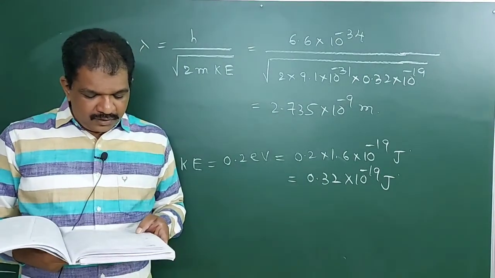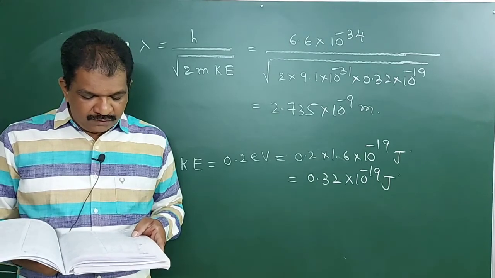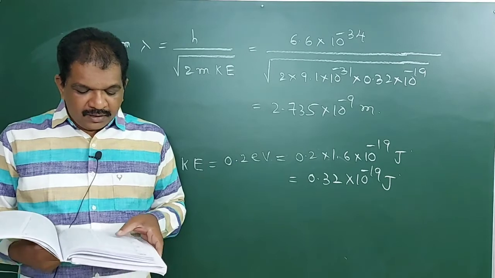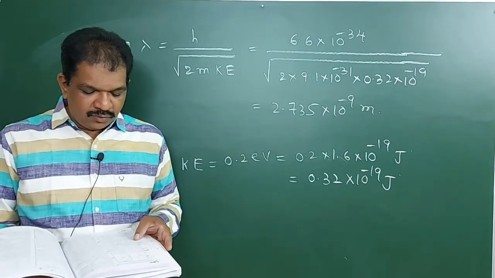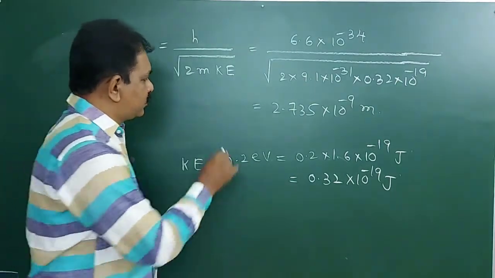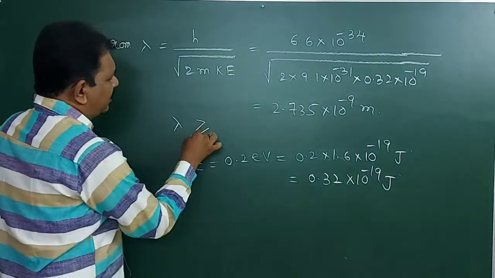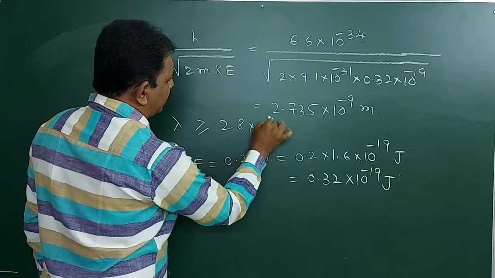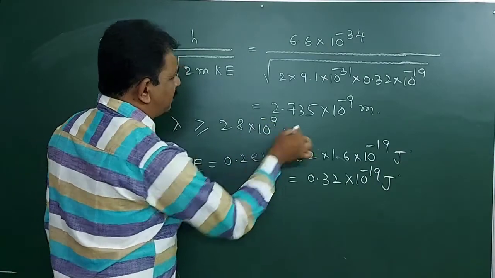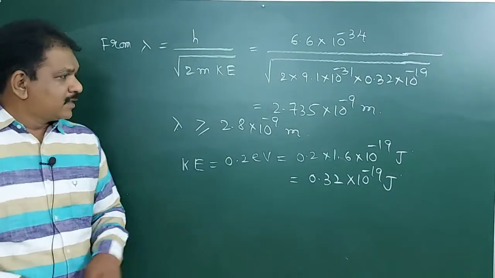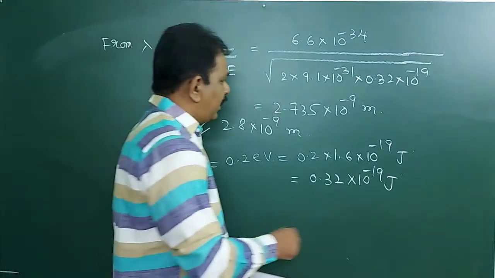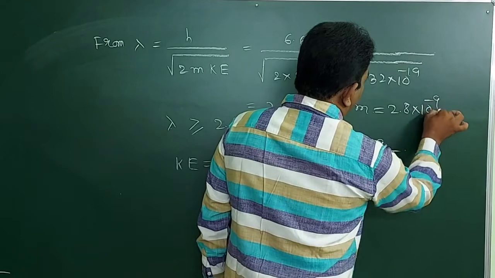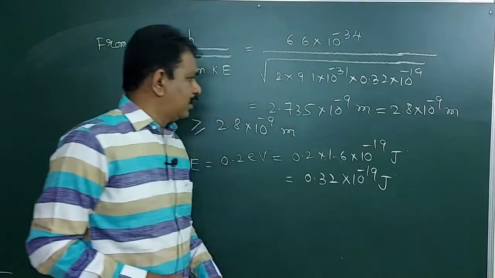So, de Broglie wavelength of the emitted electron must be greater than or equal to 2.8 into 10 power minus 9 meter.